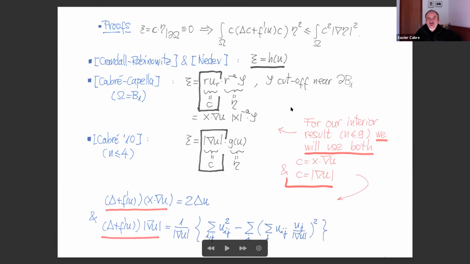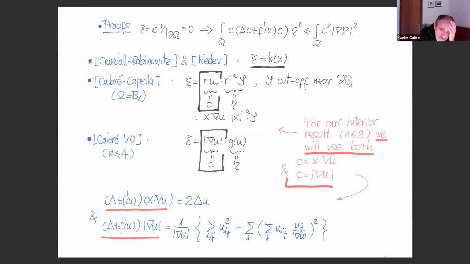So, okay, look at the first line. I need to compute the linearized operator at my choice of function c. So I'm going to do it for these two functions. And for x grad u, it's very easy to compute the Laplacian and then see the linearized operator. And the result is very simple. It's 2 times the Laplacian of u.